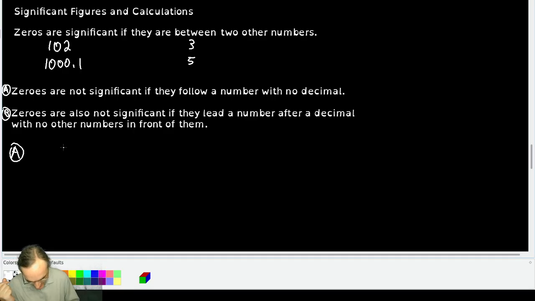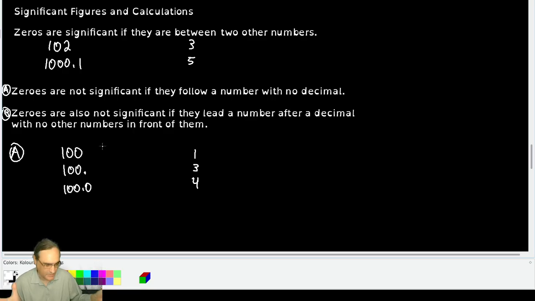Examples of type A. The number 100 has one significant figure. 100 point would have 3 significant figures because there is a decimal involved. 100.0 would have 4 significant figures. So the trailing zero rule is, if you don't have a decimal point and there's just a number followed by a bunch of zeros, only that number is really treated as significant.